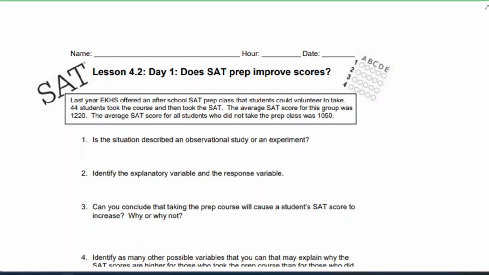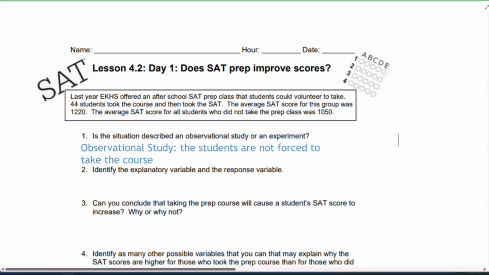However, that in itself may not be enough to conclude that the prep class is the cause of a higher SAT score. Question 1 here says, is the design described an observational study or an experiment?